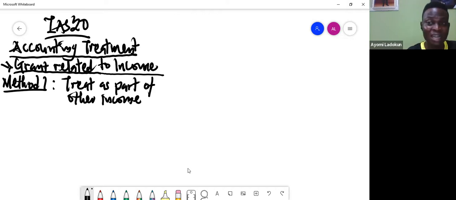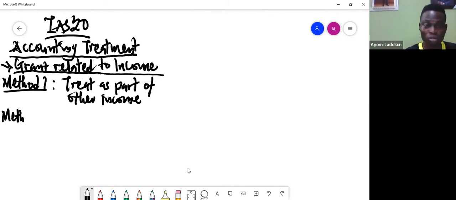When the government grant is coming, for example, say to employ fresh graduates, and the total expenses is 1 million and they give a grant of 600,000, they take it as part of other income. You call it government grants. They recognize the 600,000. So it will reduce whatever expenses you have paid. So you take it as part of other income. That one is quite straightforward.